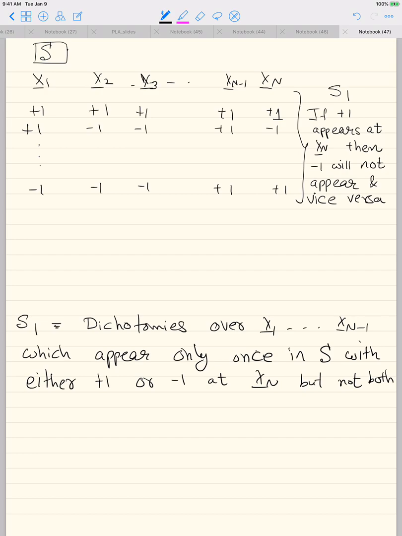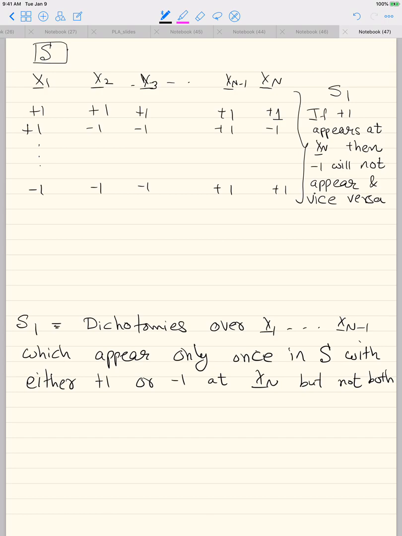Okay, so S1 is dichotomies of length n-1. You're only looking at prefix, and it is those vectors such that if you add +1, you will see that vector in S, or if you add -1, you will see that vector in the original set S. But you cannot have both the vectors simultaneously appear. That's what S1 is.